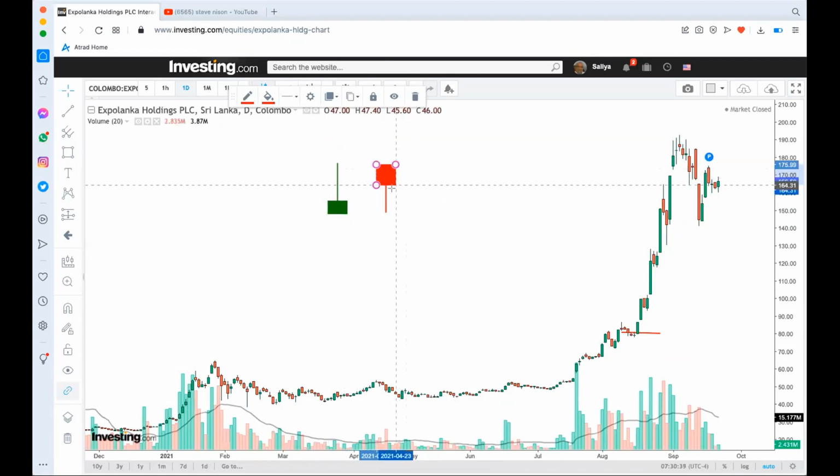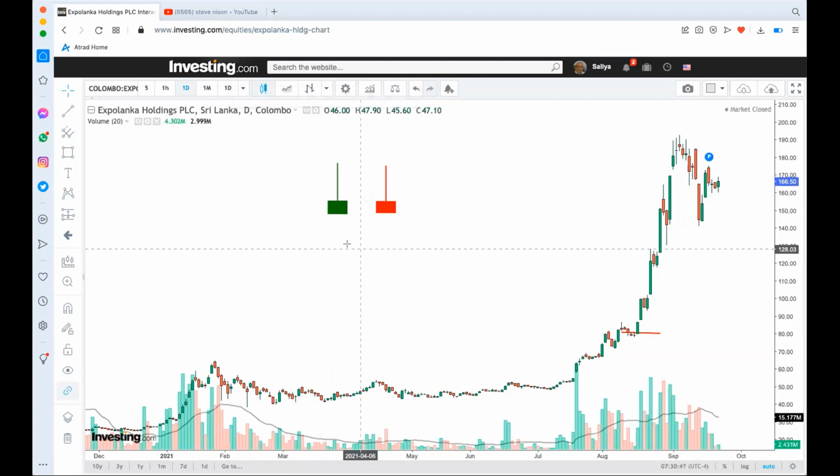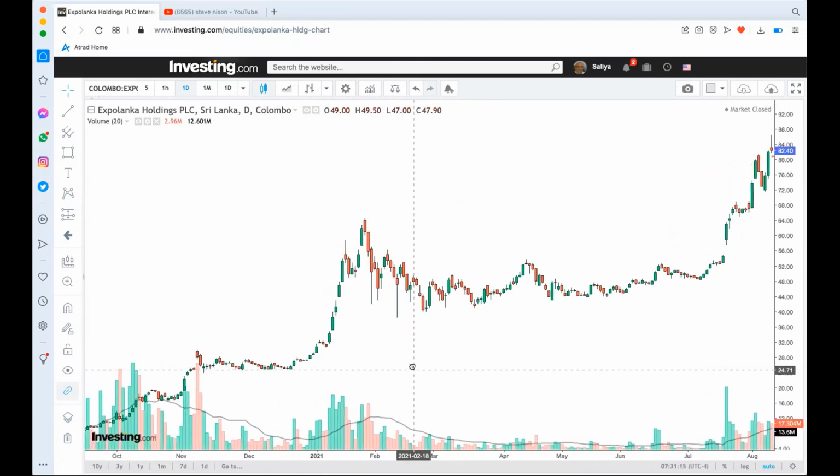Then you have another thing called a shooting star. It's the same, but there again, the difference is at the place where the candle is placed. Now, an inverted hammer, we identify inverted hammers when this formation of a candle is at the bottom of a price, right?